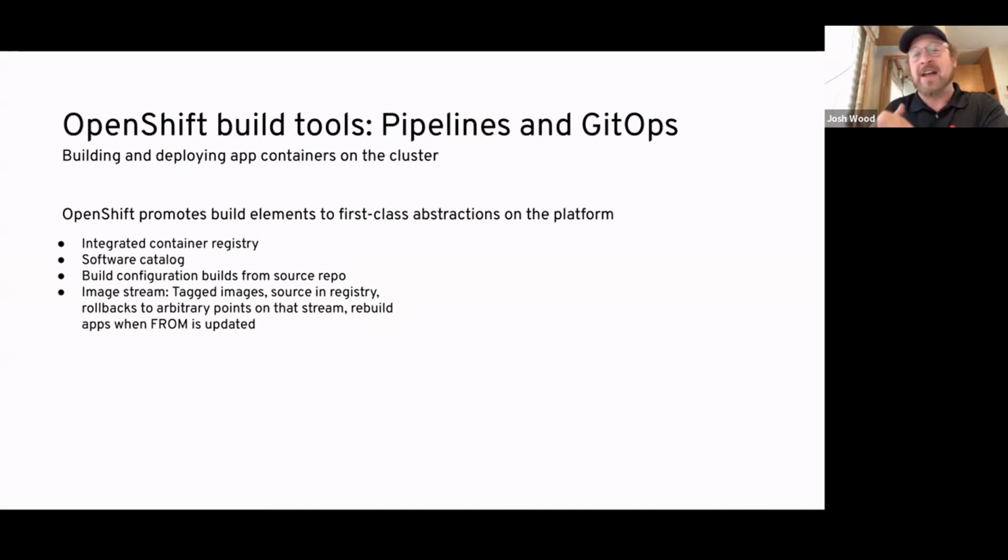OpenShift can introspect that repo even to find out what runtime, what language, what build tools it needs, build that application from source code, deploy it on the cluster according to your parameters and your desired state and scale, and then redeploy it when it's triggered by commits to your branch or whatever part of your source code repo, right?